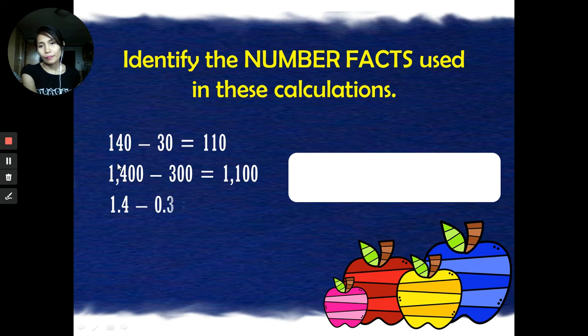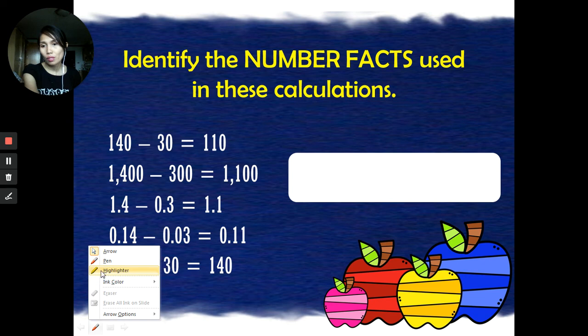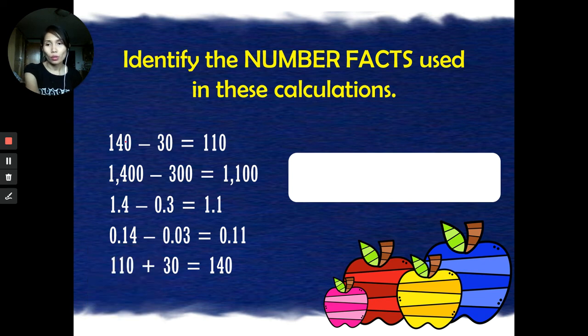Can you identify the number fact being used here? As I've said, you remove the same number of zeros. Remove 2 zeros here, remove 2 zeros here, remove 2 zeros here. This will be easier with whole numbers.